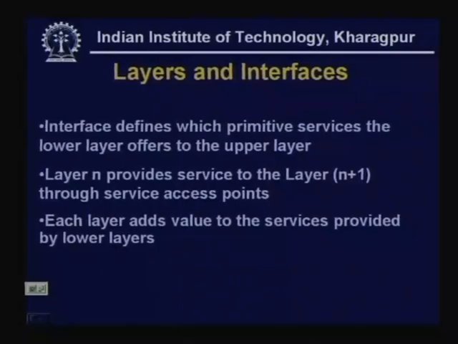That means each layer will have a number of service access points. Through these service access points, layer n will provide services to layer n plus 1. And as we shall see, each layer will add value to the services provided by lower layers. That means the services provided by layer n will be used by layer n plus 1 to add value.